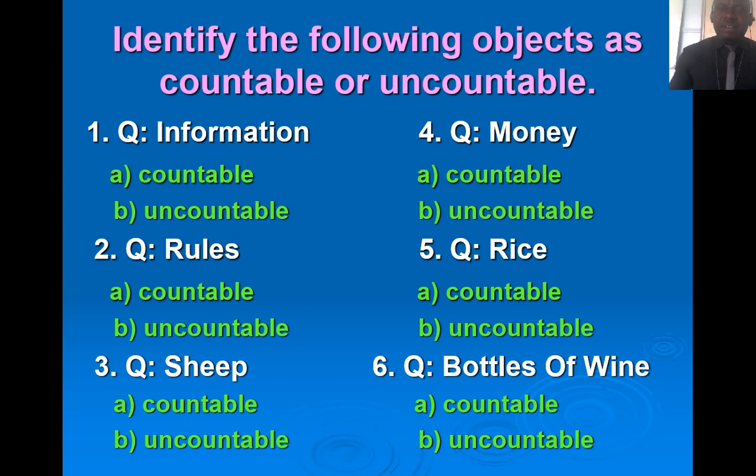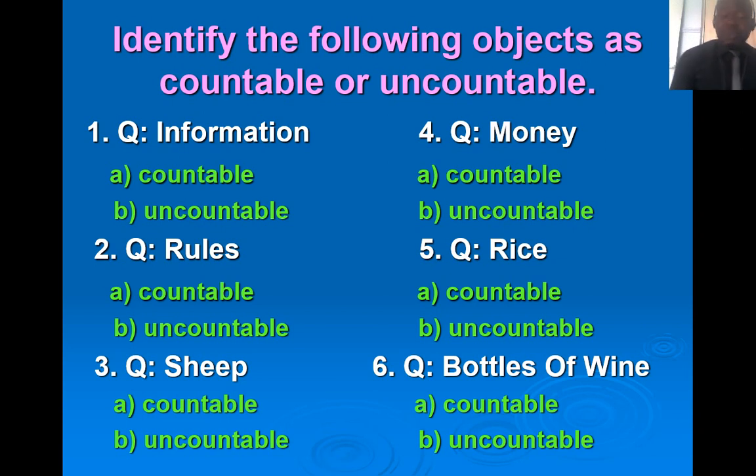Now, because of that, they are treated as singular when they're used in a sentence. But if you want to count them, you need to add certain words to them. These words are partitives, okay? Or quantity words or containers. You need to add them to the words, then they can become countable nouns. Okay, so that was what we did so far.